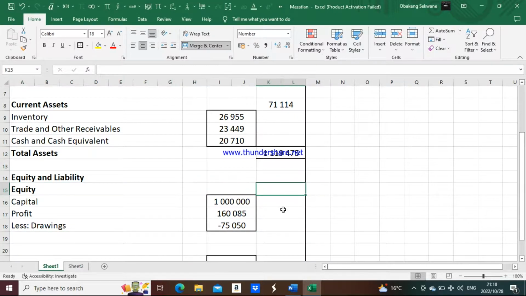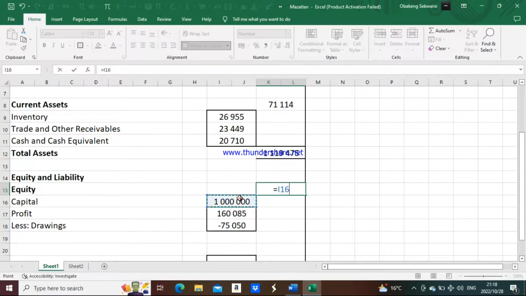So that's a negative 75,050. So our equity actually amounts to our capital plus our profit plus our drawings. Because it's a negative, I will need to say minus. Most of us know that a negative number multiplied by a positive number gives you a negative number.